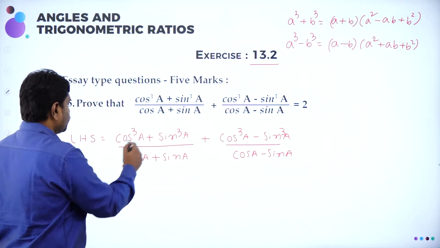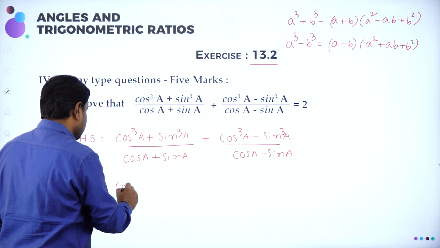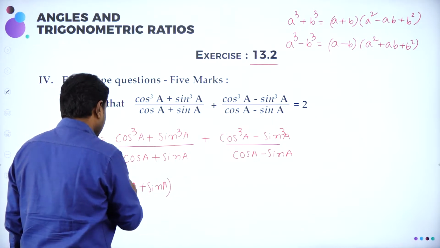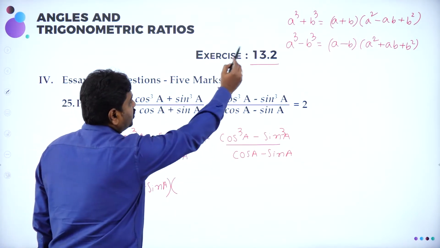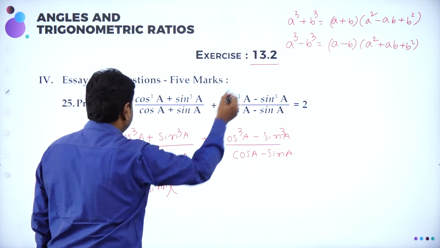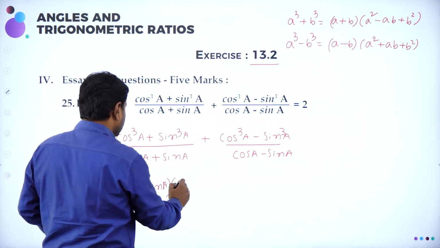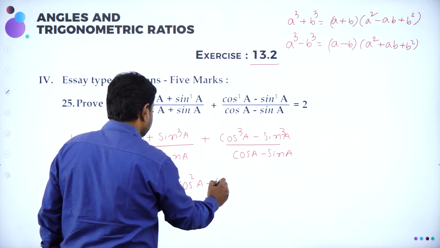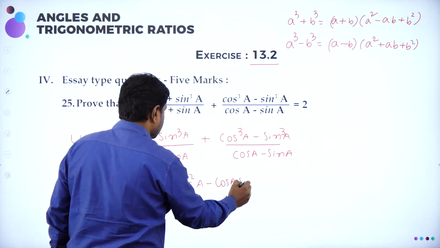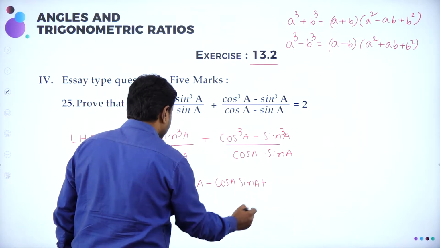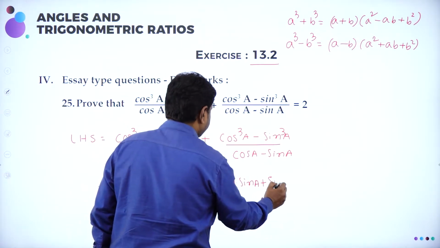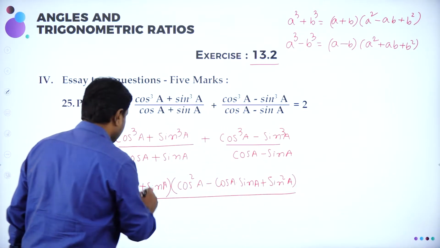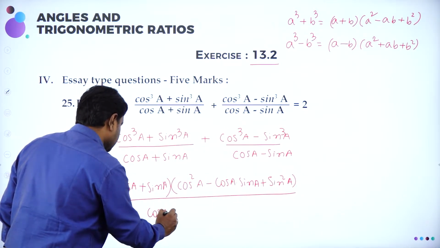A cube plus b cube can be written as a plus b, that is cos a plus sin a into a square minus ab plus b square. A square means cos square a, minus ab means cos a into sin a, plus b square. B square means sin square a, divided by denominator. What is the denominator we have? Cos a plus sin a.